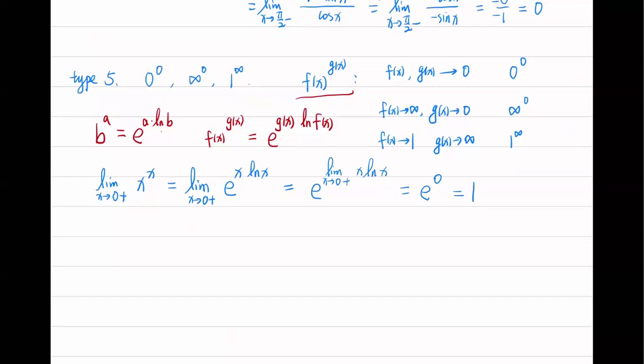Another type, infinity 0. Another one. The limit of this power, base is x, exponent 1 over x.